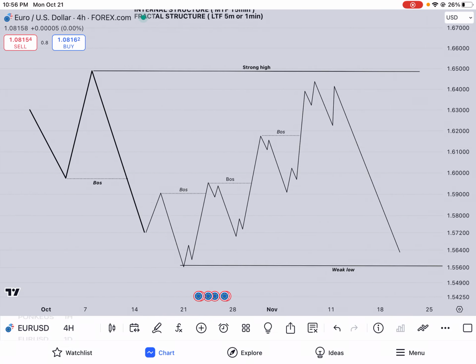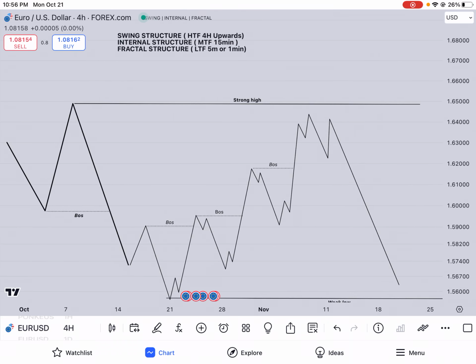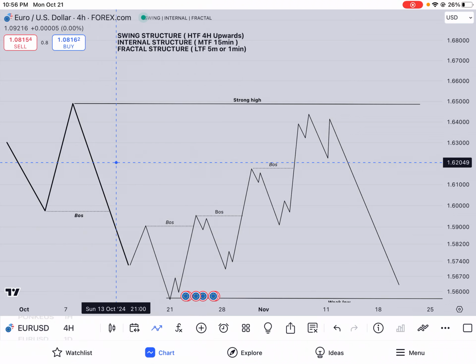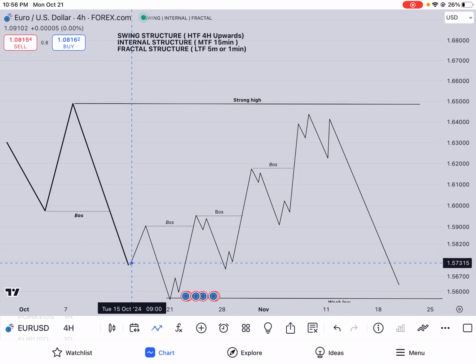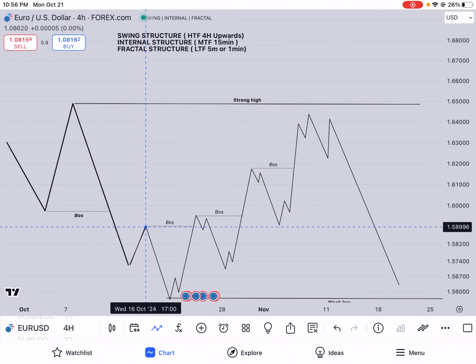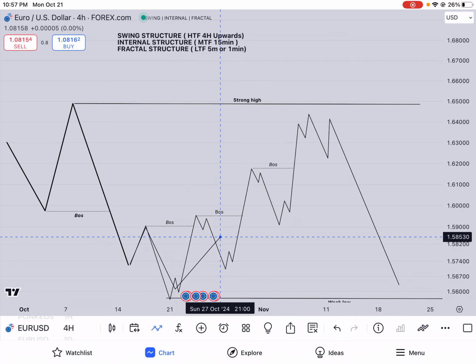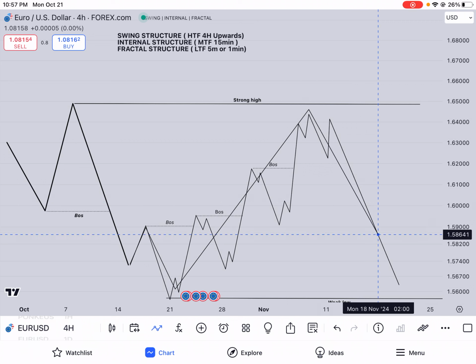But you see, internal structure is the one that happens on the 15 minutes time frame. Funny enough, listen to this, please. The market might look like this. After the market got to this point, maybe the market now starts going like this on a 4-hour time frame before the market started coming like this.